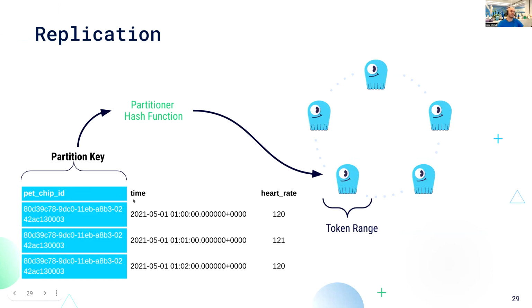The database takes both of the columns in the partition key, performs the hash function, and then it knows which node has that data. Now, if we only provide one of the columns for the partition key, then the database has no way to perform the hash function, and it doesn't know where the data is.